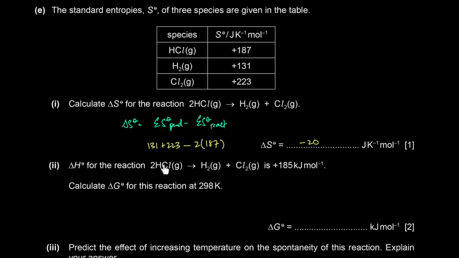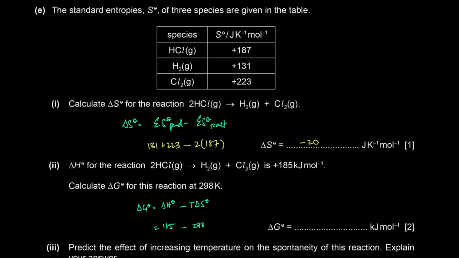The delta H for this reaction is plus 185 kilojoules per mole. Calculate the standard Gibbs free energy change. Now we know that delta G is equal to delta H minus T delta S. We want to calculate this at 298 Kelvin. So we have delta H is 185 minus the temperature, which is 298.